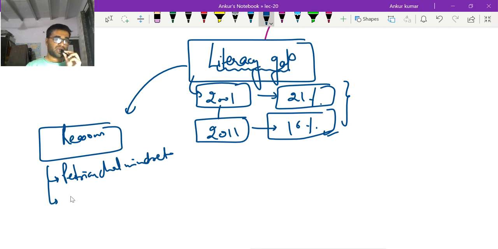This is the mindset. So this is the attitudinal problem in the Indian population. Not just here in India, this exists everywhere. The gap exists everywhere. It is just how big the gap is that varies basically.